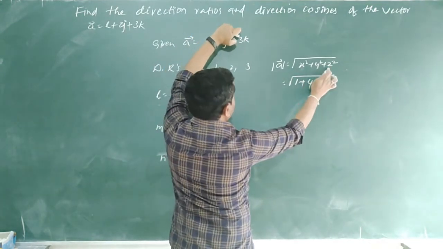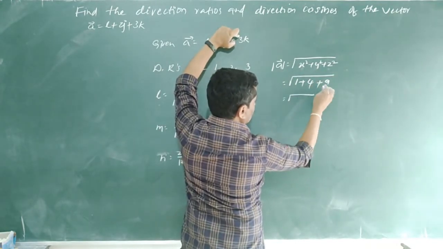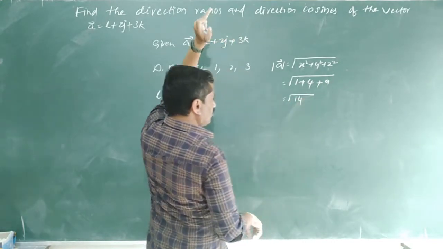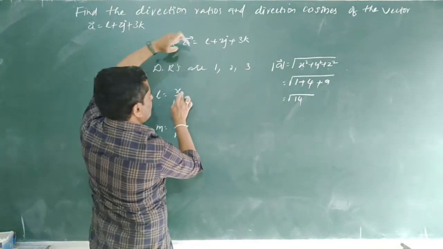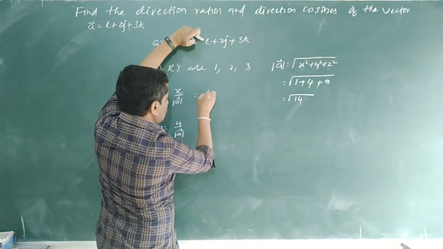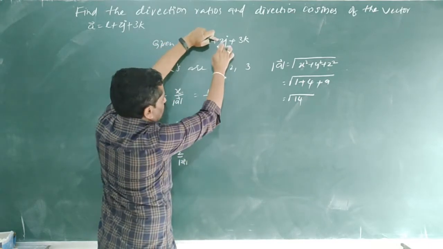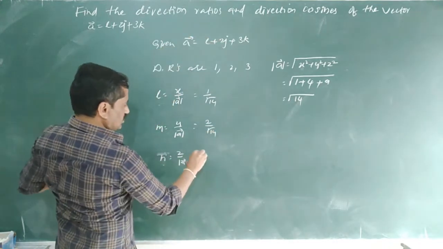That is 9 plus 1, 10, plus 4, that is root 14. So l is equal to x, the value of x here is 1, that is 1 divided by root 14. Again m is 2 divided by root 14, and n is equal to z.